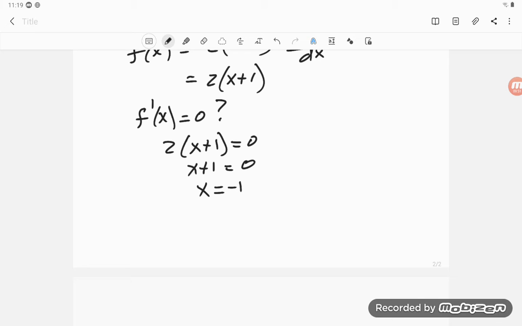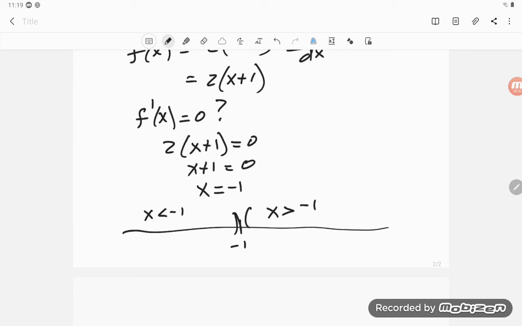And so what I want to do is look along the number line here. Here's negative 1. And then I want to look here for x less than -1, and out here for x greater than -1.